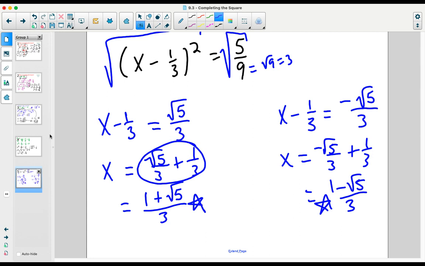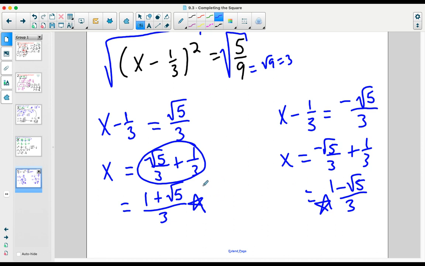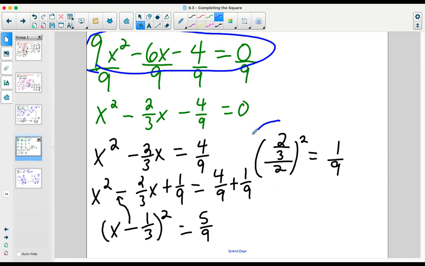Again, this original equation that we had back here is going to be unfactorable because we ended up with irrational solutions. Completing the square and the quadratic formula are the only options, but completing the square is a little bit trickier because of having to take half of a rational number and then squaring that.